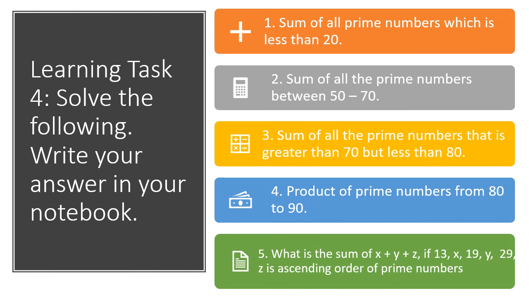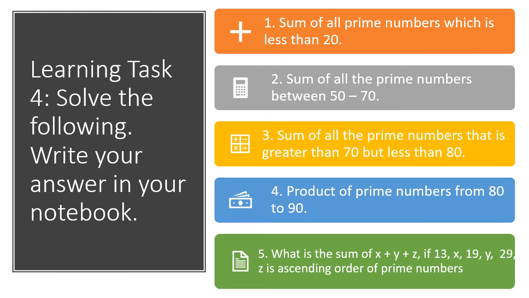Number 5. What is the sum of x plus y plus z if x is 13? And z is 19. Y is ascending order of prime numbers. Medyo dito, meron kasi itong value ng z.